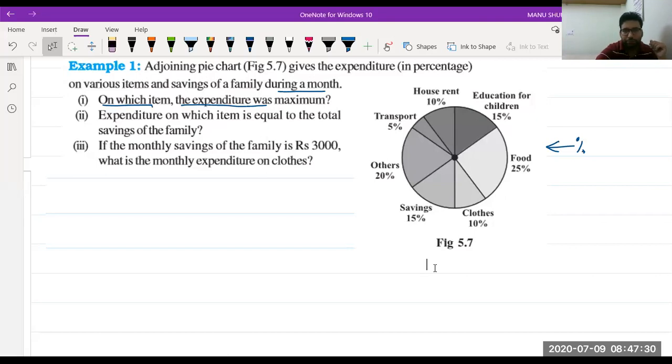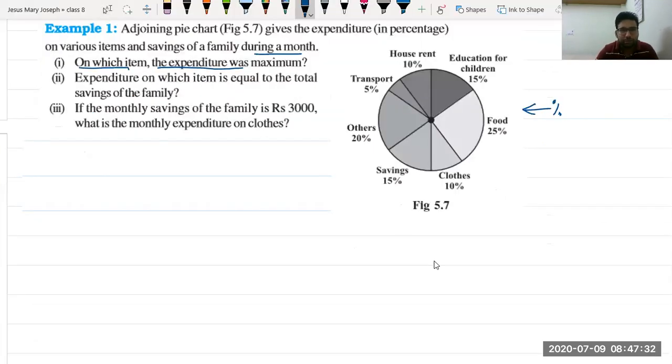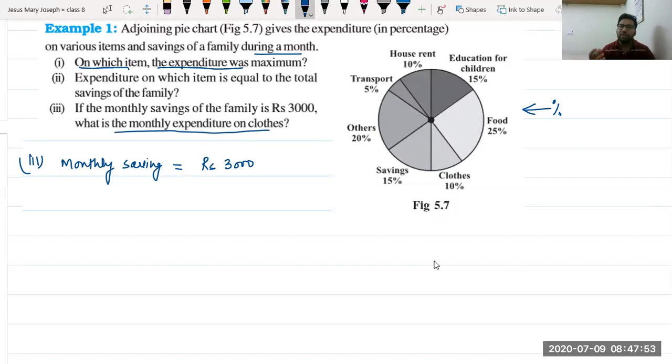Now please understand this third part. It is saying if monthly saving is equal to rupees 3000, then find the monthly expenditure on clothes. Before that we have to understand that savings is given to us as 15%.